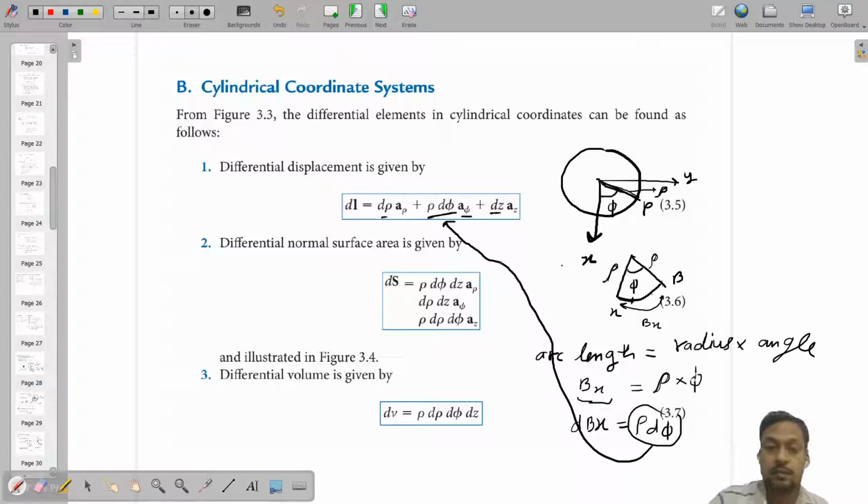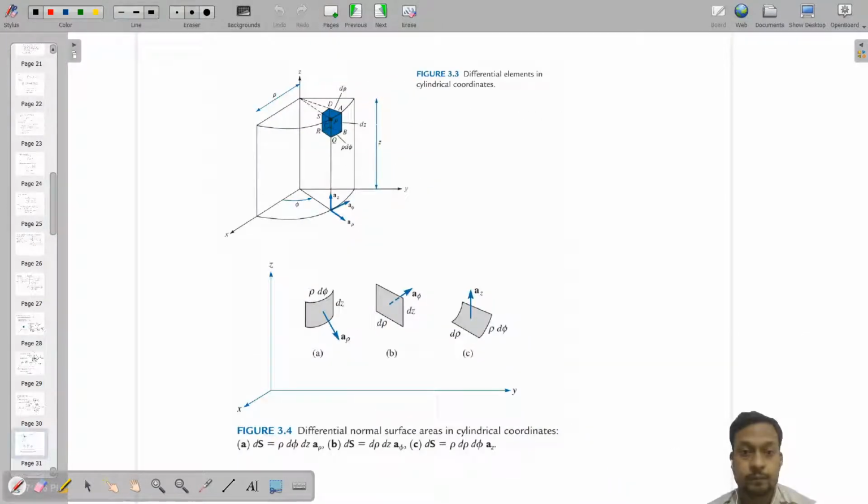Now again, for the differential surface, have a look at this diagram to understand the differential surface. This is the cylindrical coordinate system. Here only the first quadrant is represented.